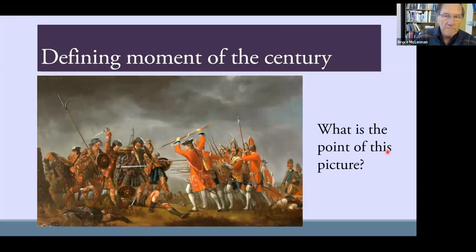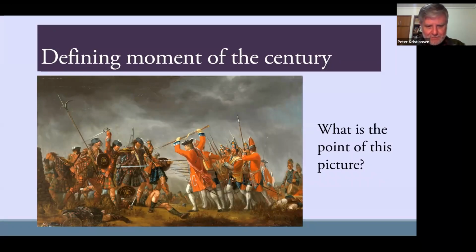You see this picture? Anybody like to turn their mic on and suggest what's the point of this picture that everybody's seen, right? Even a BBC documentary on the period used this picture to illustrate what it was like in those days. Anybody like to tell me what's the point of this picture? It's firepower versus knives, basically, right?